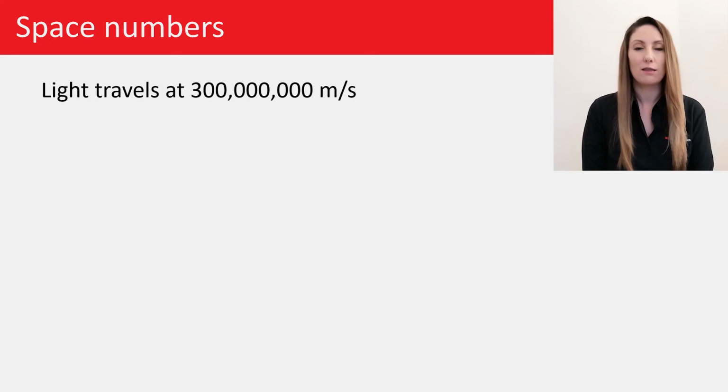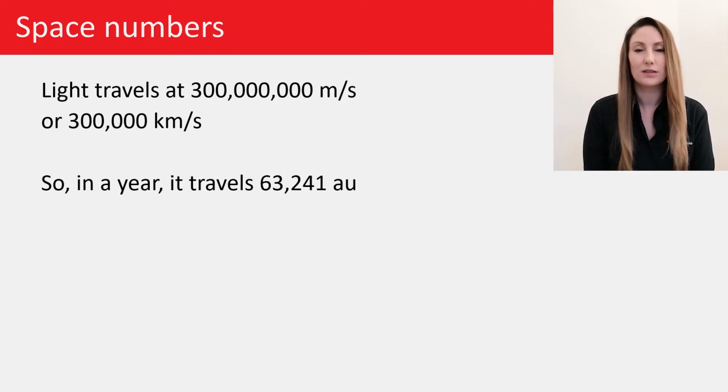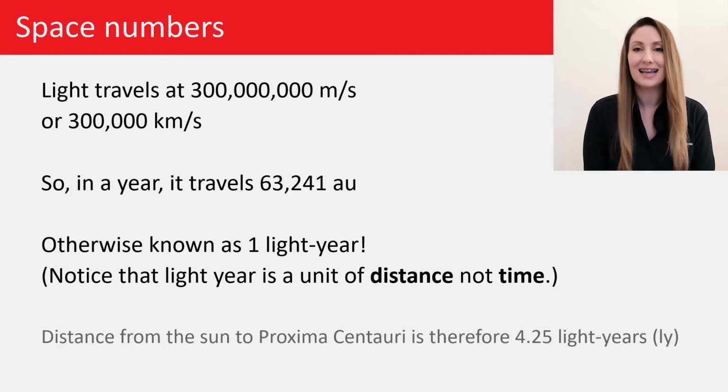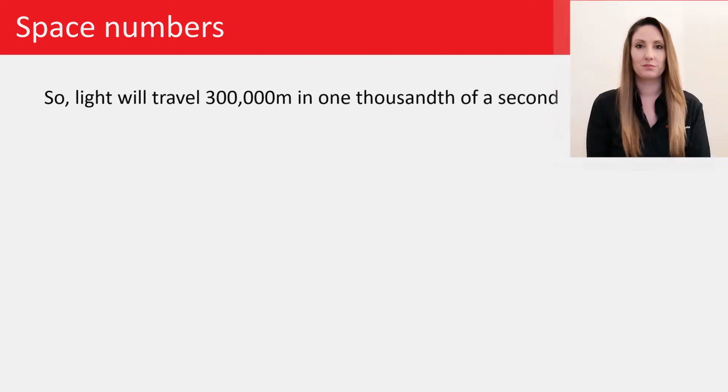Light travels at 300 million metres per second, or 300,000 kilometres per second. So, in a year, light travels 63,241 AU, otherwise known as 1 light year. Notice that light year is a unit of distance and not time.